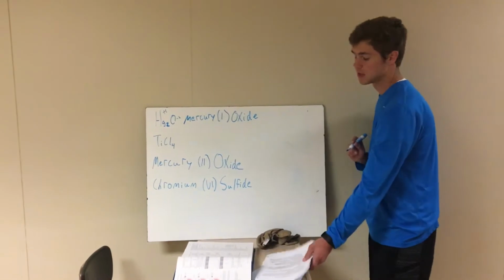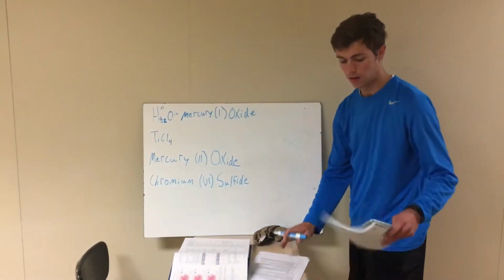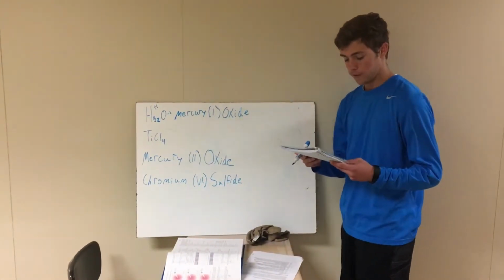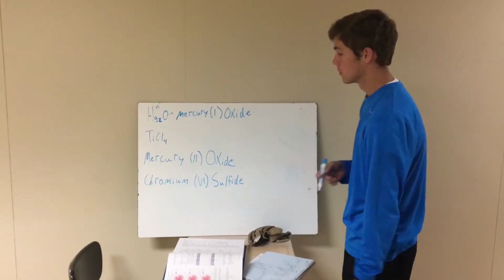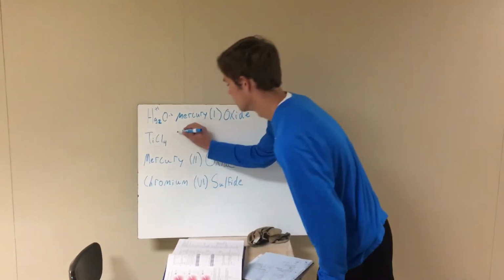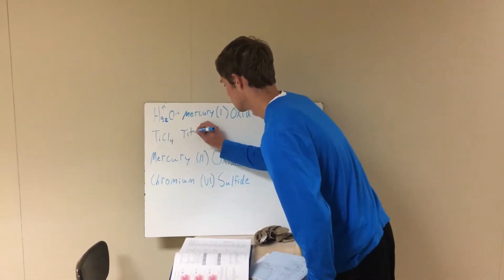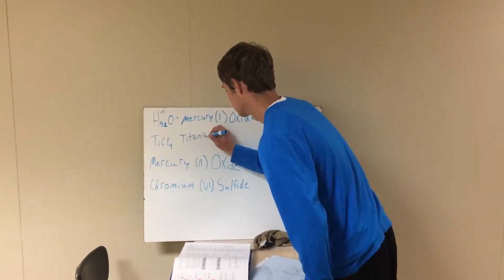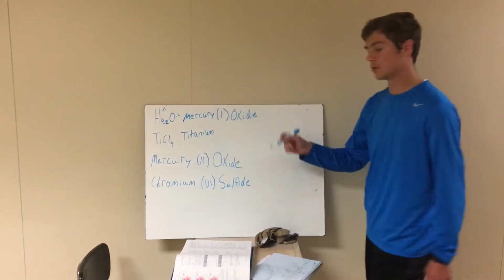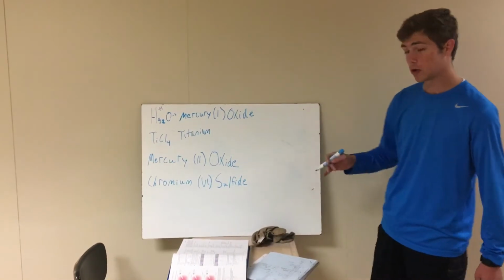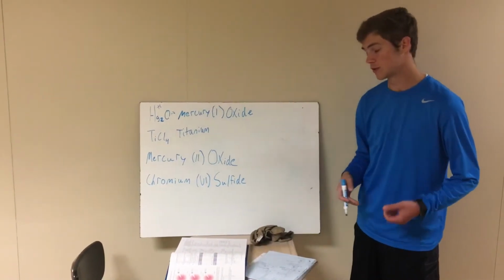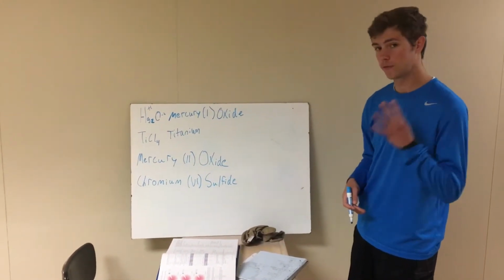All right, the next one is TiCl4. For this one, Ti, titanium, we can just write that as it is. And there's only one of the titaniums. Chloride, we know from looking at the periodic table, has a charge of -1, and there's 4 of these.